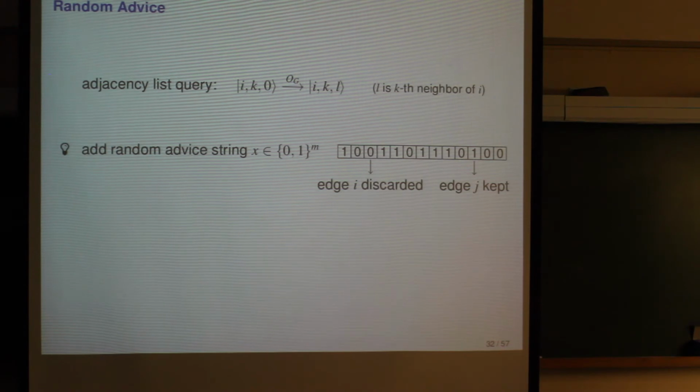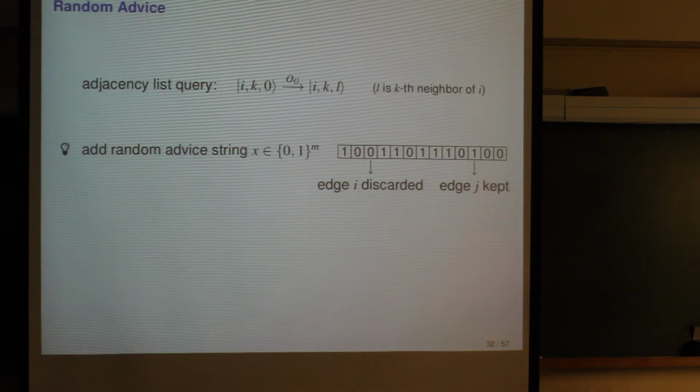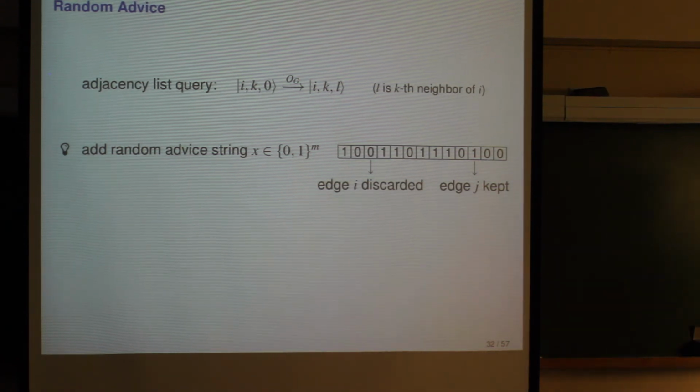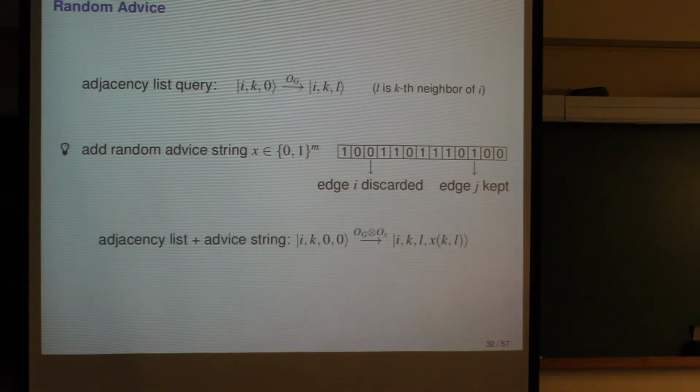So we can query for an edge in the original graph, and then check in this random advice string whether the corresponding bit is 0 or 1, which will tell us whether this edge is present or not.